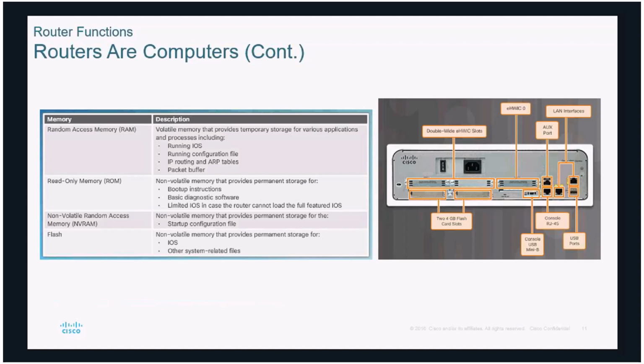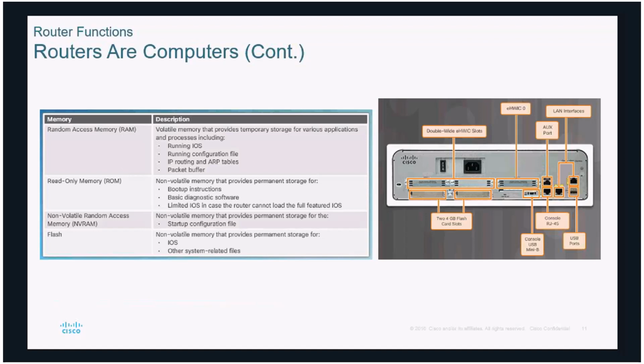So if, for example, the full IOS can't run, there's a backup micro IOS on the ROM, which will give limited functionality. NVRAM itself contains the startup config file. That's where it's permanently stored. Flash gives you non-volatile memory for permanent storage for IOS and other system-related files.